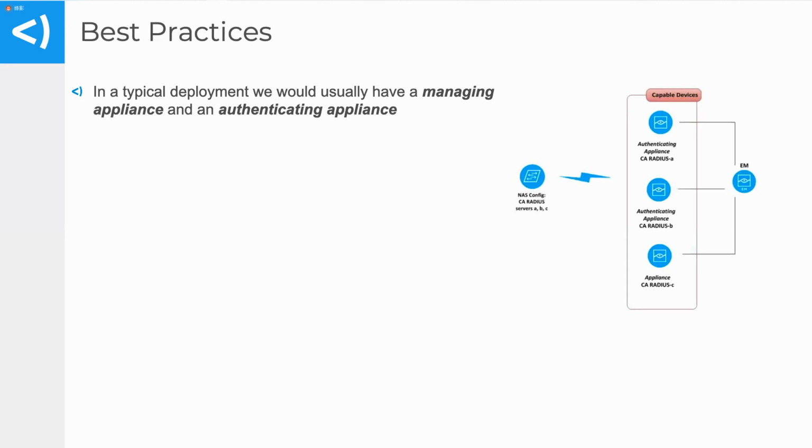Some of the terminologies I wanted to talk about are your managing appliances versus your authenticating appliance. A managing appliance is assigned an IP address scope or a segment of the endpoints that it's going to manage. And then you have an authenticating appliance, which is essentially a Forescout appliance or an EM or a VM, sorry, that is responsible solely for authenticating the Radius requests that are coming in.